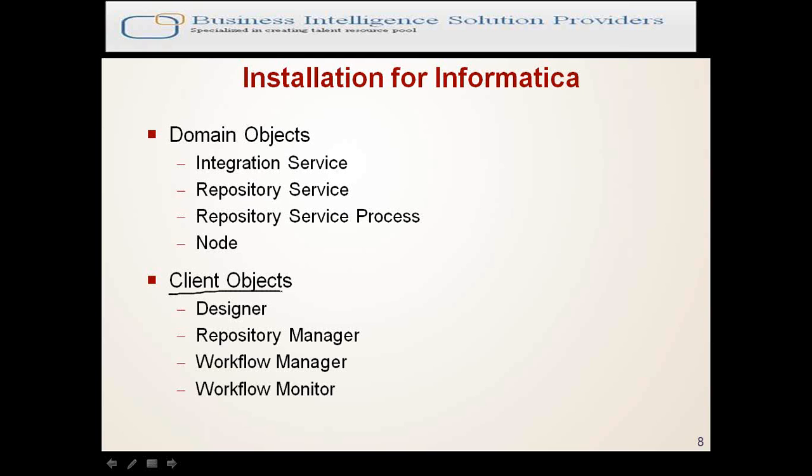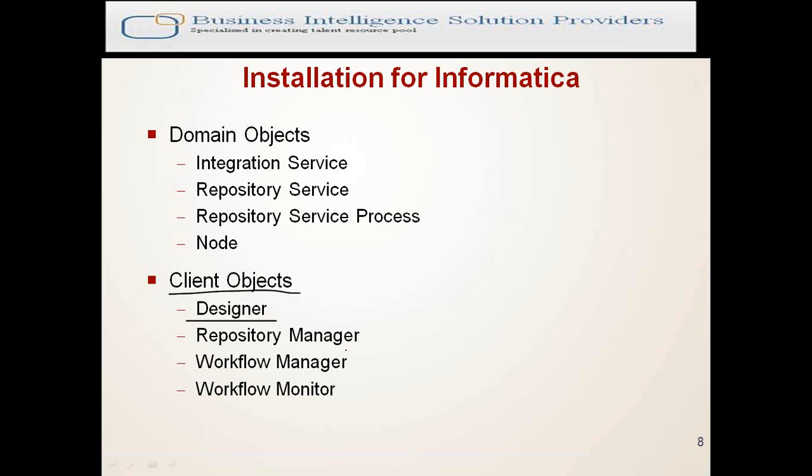Coming to client objects, we have a designer, repository manager, workflow manager and workflow monitor. There are 4 client objects which we can work with for different types of implementation. Designer will give you the mappings perspective, and repository manager will give you how to create folders and how to manage the access.